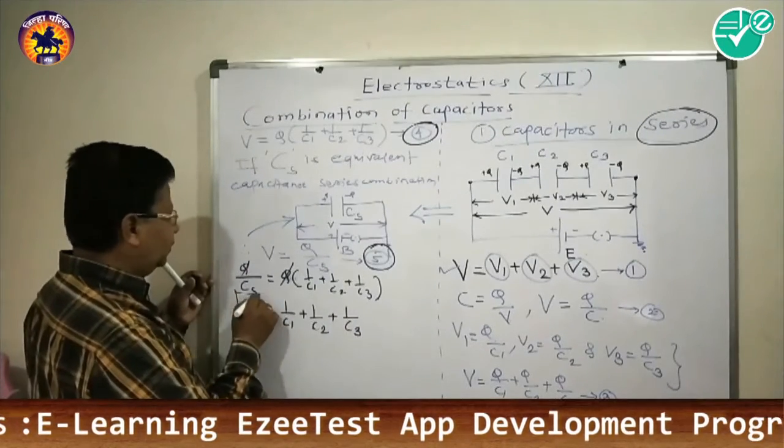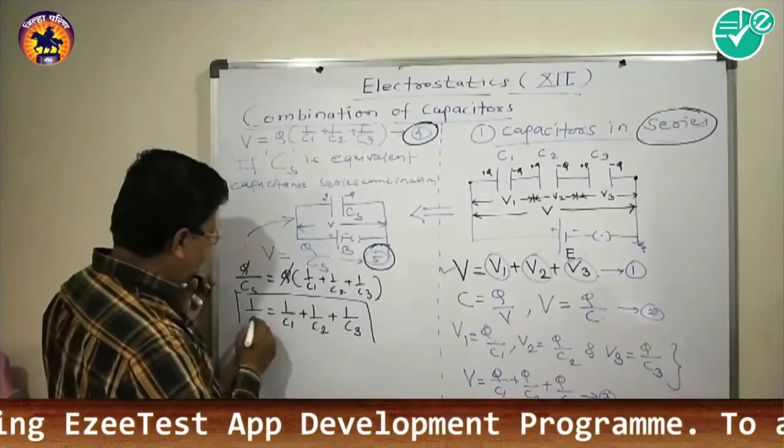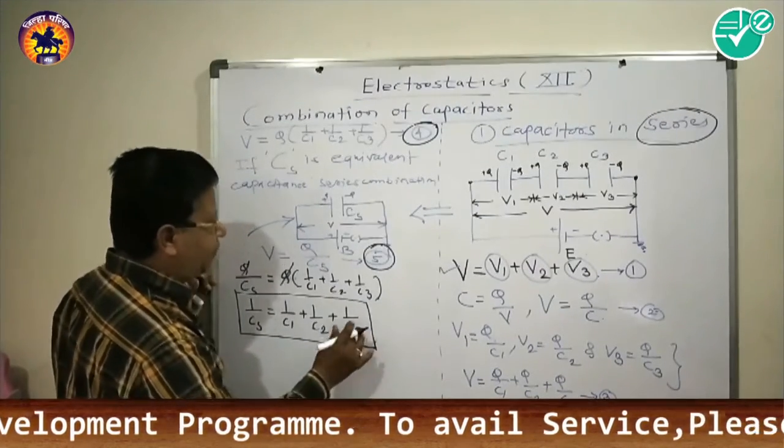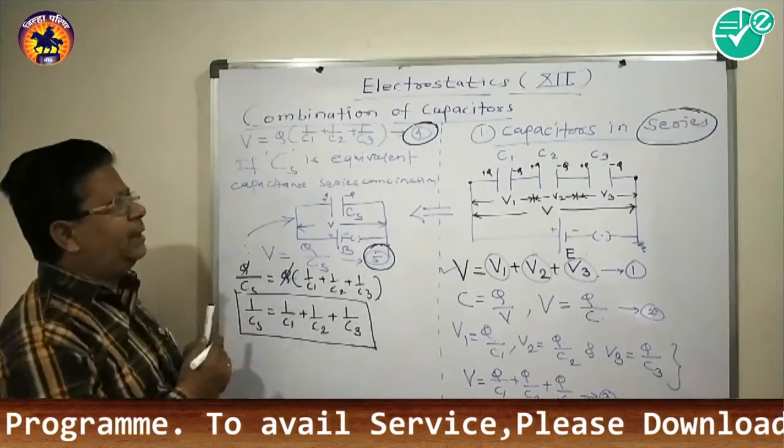So this is the expression for equivalent capacitance when three capacitors are connected in series.